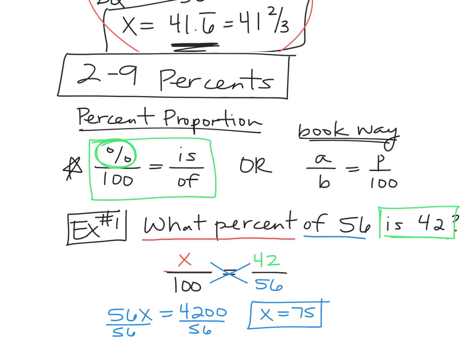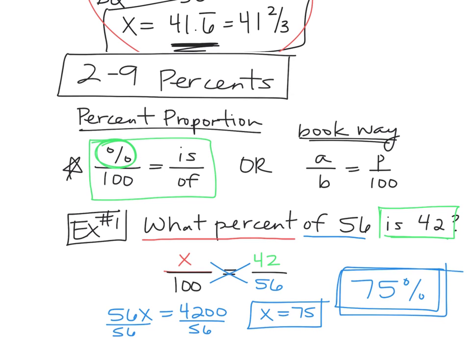Okay, so here's the thing. I said what percent? What's my answer? 75 what? Percent, okay? When we're asking about the percent, make sure you label it as percent. So your answer would be 75%. Can you write X equals 75%? Totally. Yep, that's great.